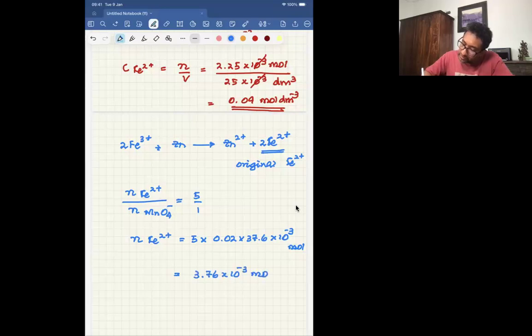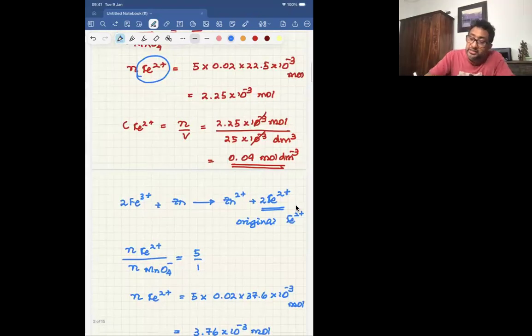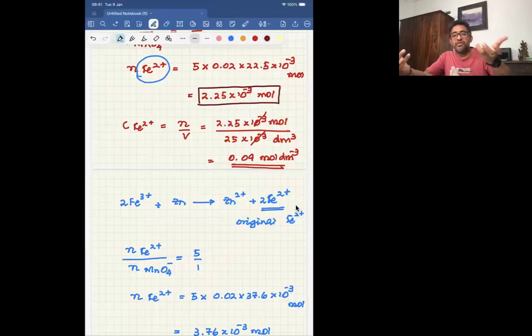So this is the number of moles of Fe+2. But then you all understood that in the original sample, Fe+2 was present in this amount. 25 milliliters and 25 milliliters, they both have the same amounts.